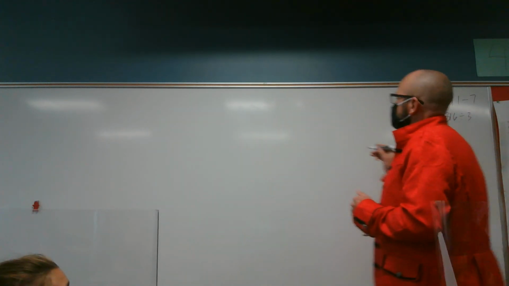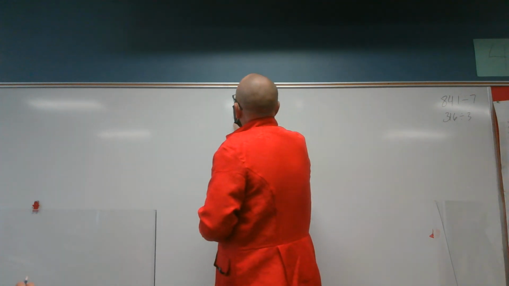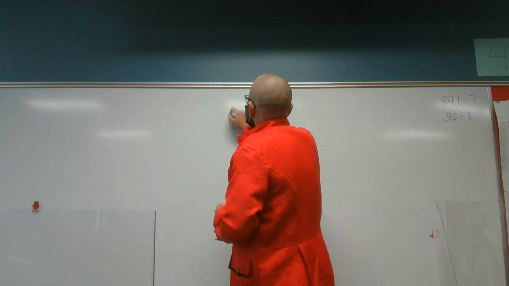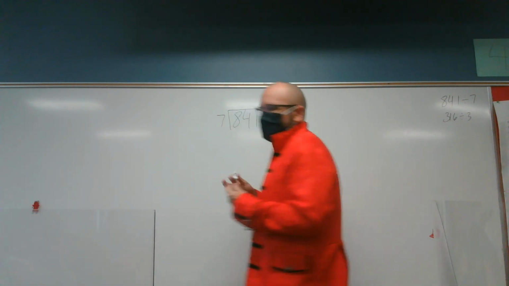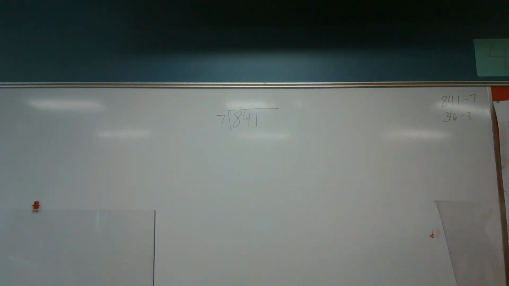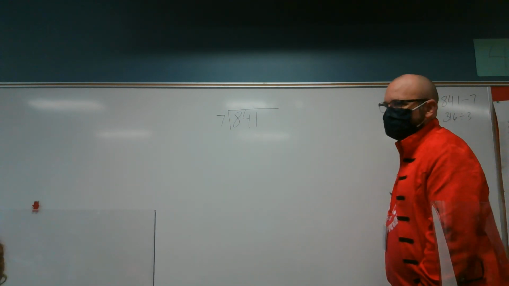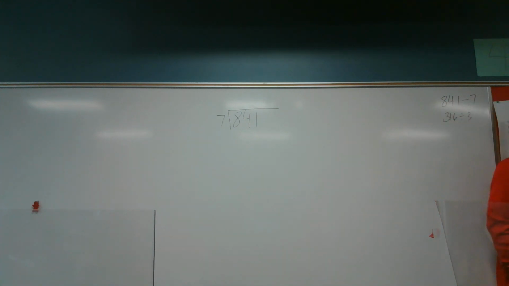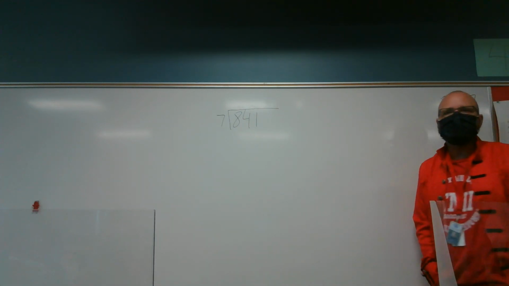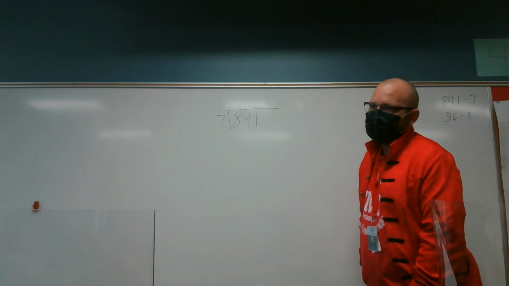The second one was 841 divided by 7. So the first thing I'm going to do is list my multiples of 7. Right now with one digit divisors, you have those multiples of 7 in your multiplication chart.